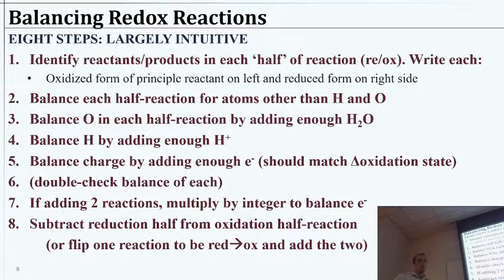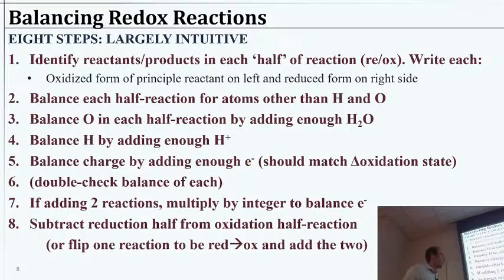Okay, then we can double check that everything's balanced and add them back together. Sometimes we'll have to multiply by 2 or 3 to get the stoichiometry correct so that the electrons drop out of the equation.